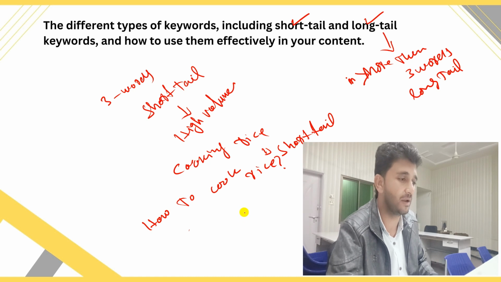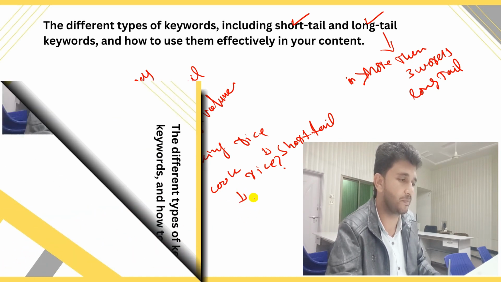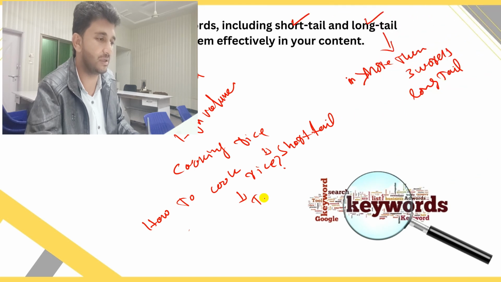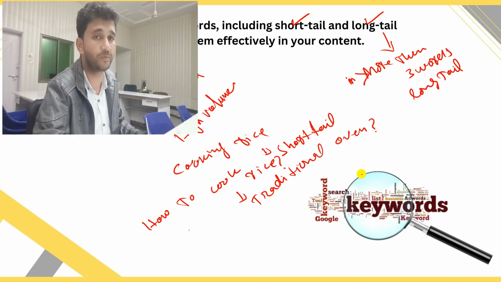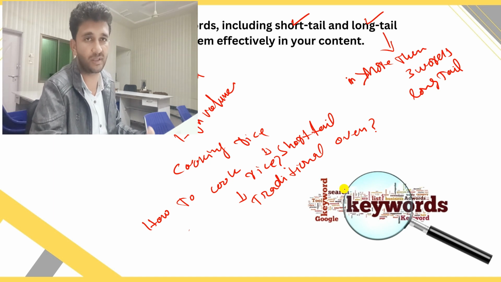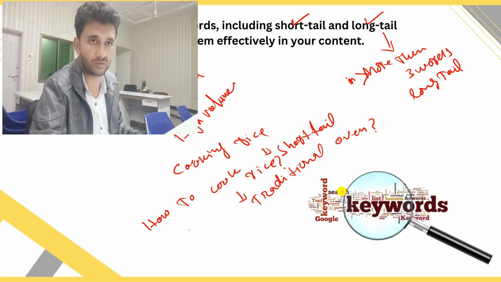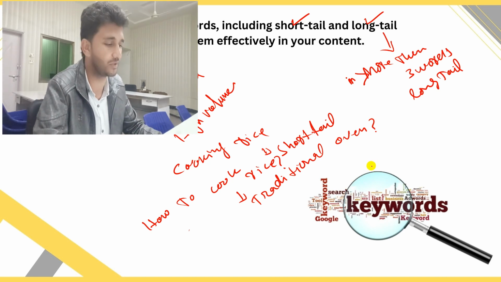If we add another word, like how to cook rice using traditional oven, it is a very long tail keyword. People are asking these sorts of questions every single moment around the globe. So you can target these keywords. Basically these are the two types of keywords.